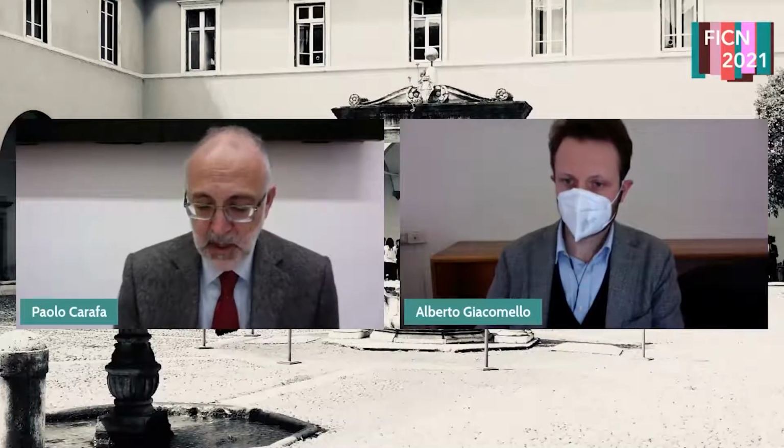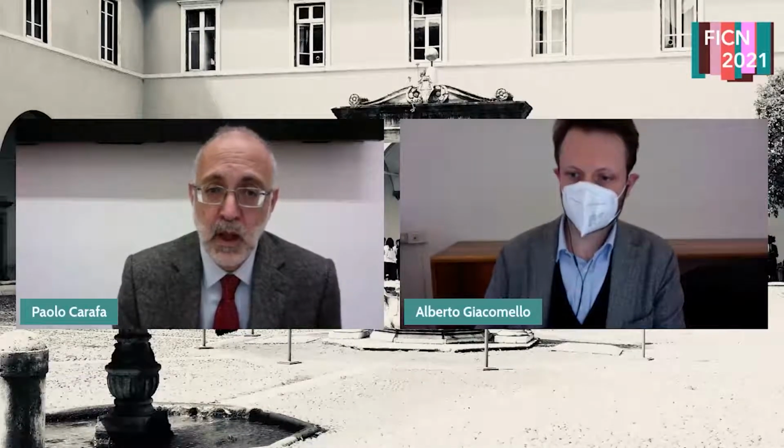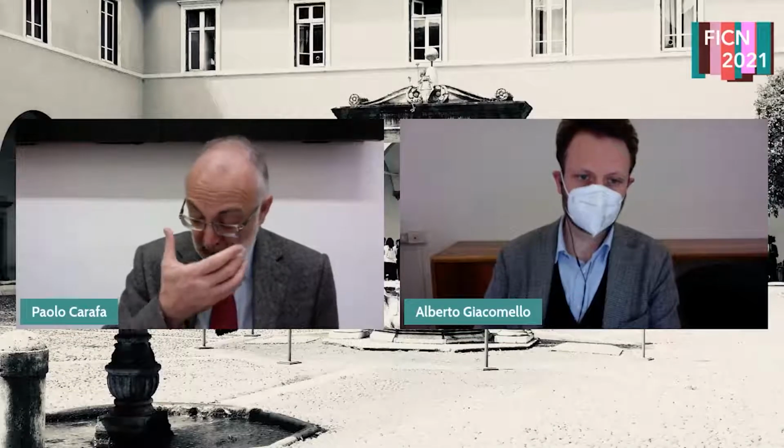Okay, geology. The geology of the Palatine was assessed before the appearance of human beings on the hill. The original hill was cut through by the earliest river Tiber. So the most ancient part of the hill is the one facing the actual river.